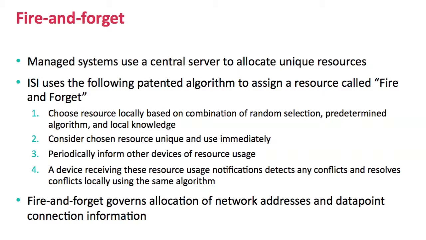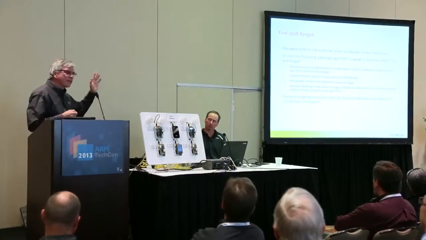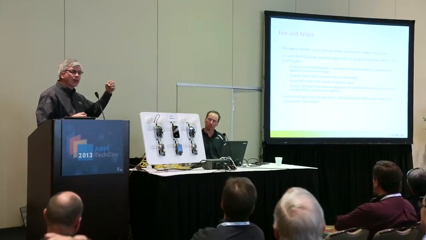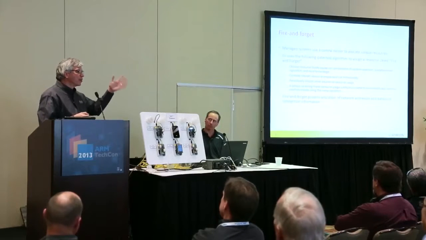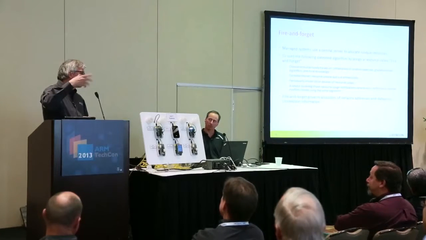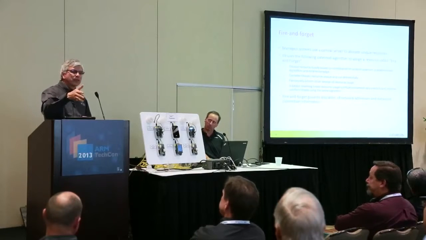And it periodically then informs other devices that it's picked this address. It's saying, I'm using this address, and just letting you know. So if another device in step 4 here sees that there's a conflict, it sees that, oh, this device picked a resource that I'm already using, that other device changes. So there's never sort of a request response required. Right? The devices just pick their own addresses, broadcast that information.